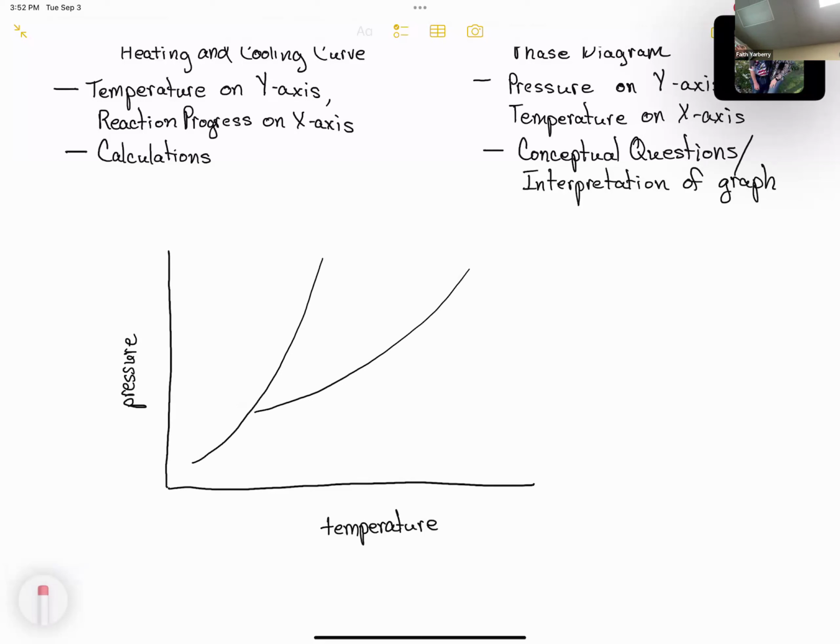Now, phase diagrams can actually get a lot more complicated. If you do the research involved in phase diagrams, then it can get more complicated, but I want you to get a basic understanding of the phase diagram, because that will do for our purposes in college chemistry too. With this phase diagram, there are three parts.